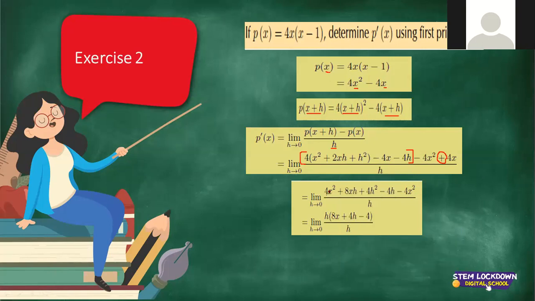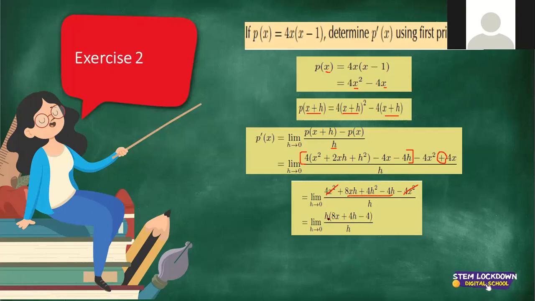And then also in this step, you have this 4x squared minus that. And then what you will all notice is that all these terms have an h, so you can have your h as a common factor. And that's how you simplify. So to check if your answer is correct, you can multiply the h with all these terms and see if you still get that.